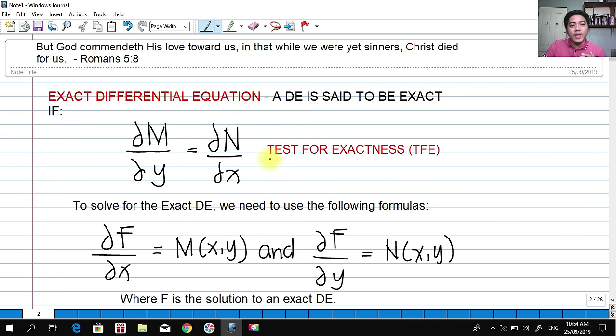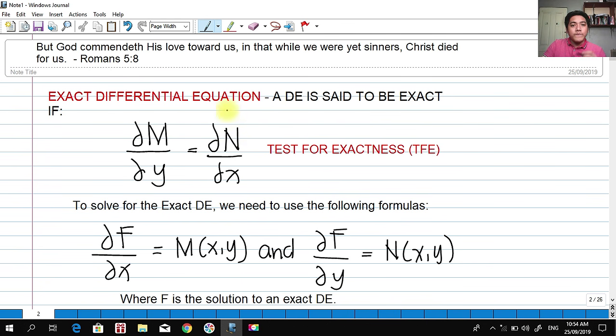M is the term composed of a function of x and y that is associated with dx in our differential equation, and the N term is also a function of x and y that is associated with the dy in our given differential equation.